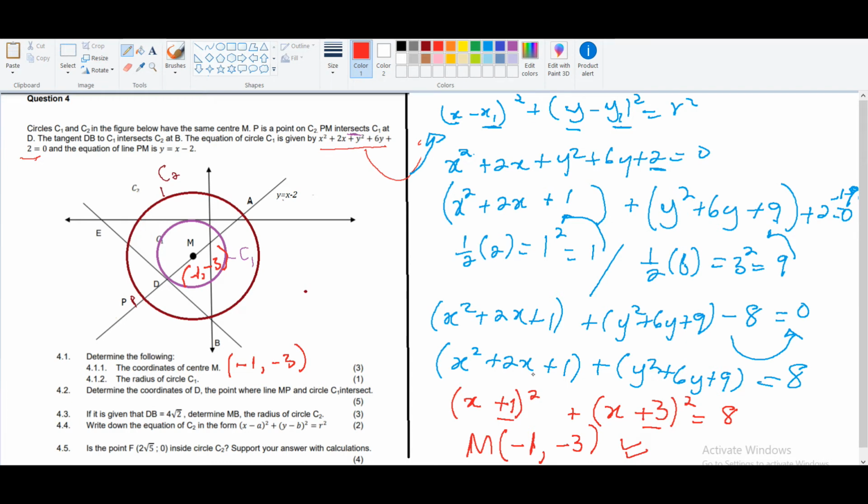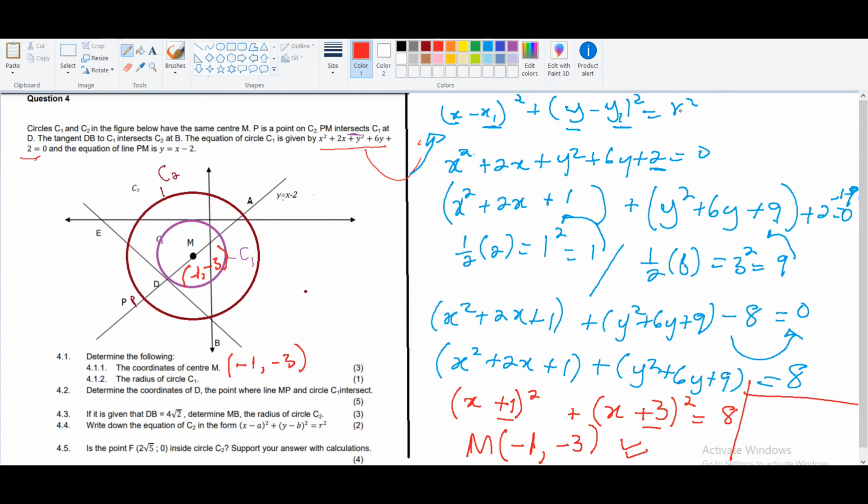Okay. Then what is the next question? The next question is saying, let us find the radius of our circle C1. Good, it's a very nice problem to do. You see, I have that small space there, so it will be enough to fit there. Remember the equation of a standard circle? Whatever is on this side is equal to r squared.